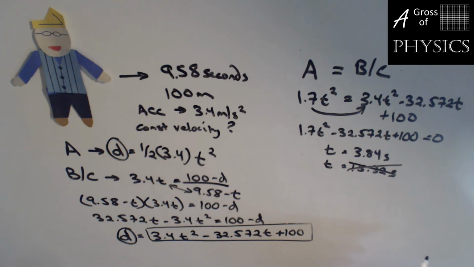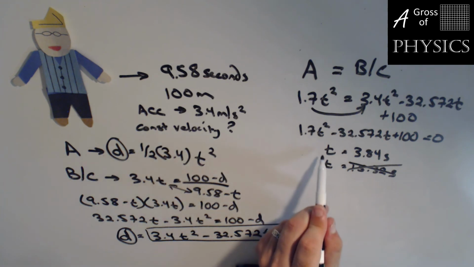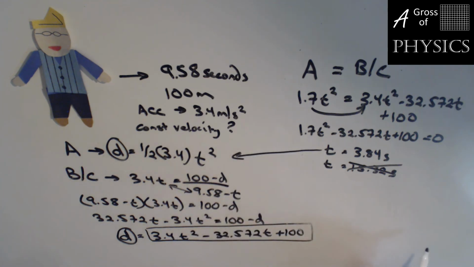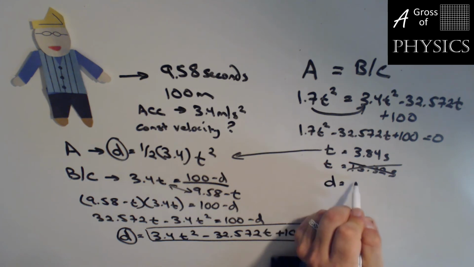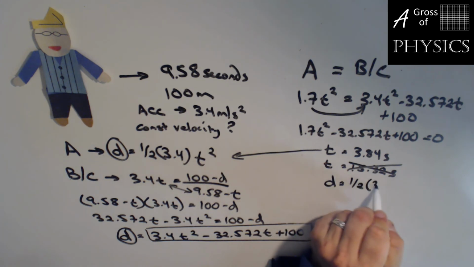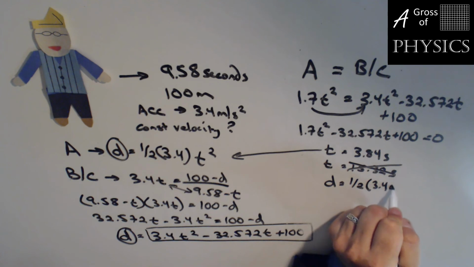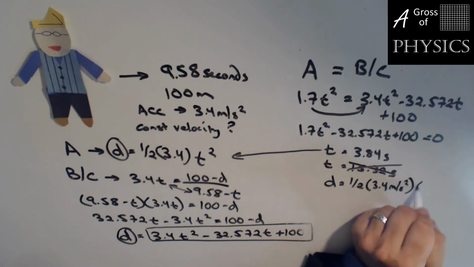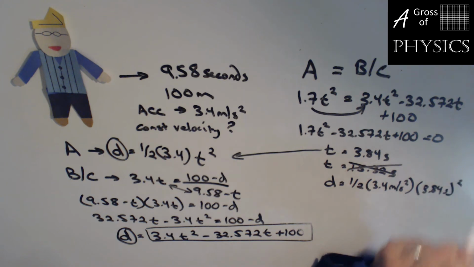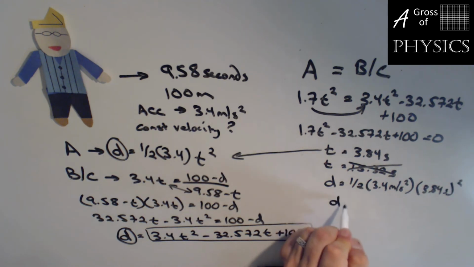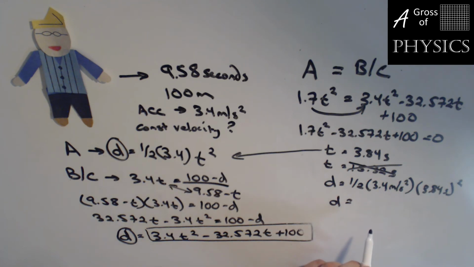Now, how can I figure out what the d is? Well, I could take this t and substitute it back into the first equation. And if I do d equals 1/2 times 3.4, and that was meters per second squared, times 3.84 seconds squared, I should get the distance I traveled before I started moving at a constant velocity.